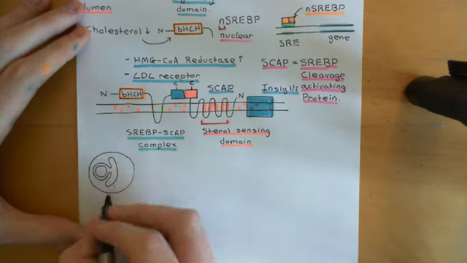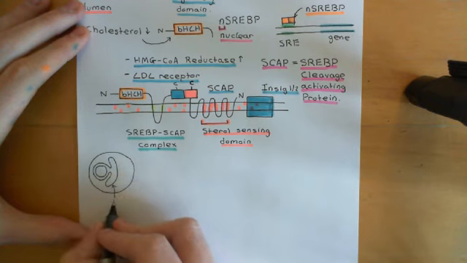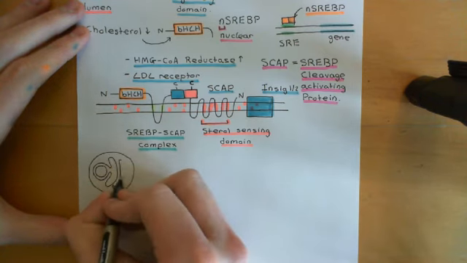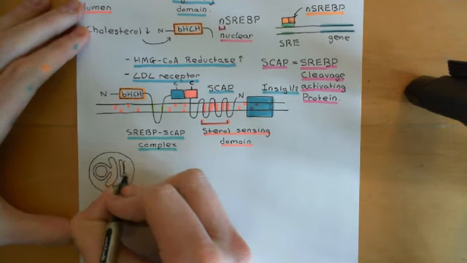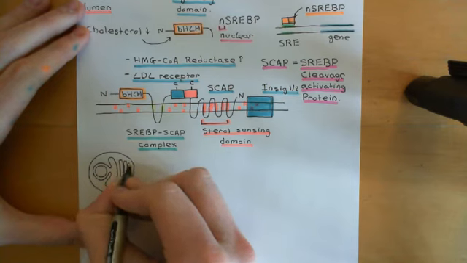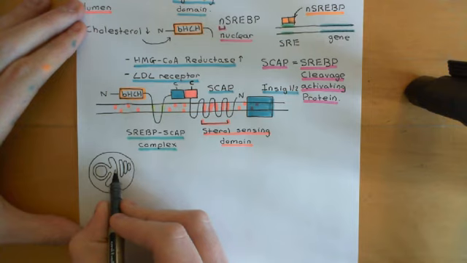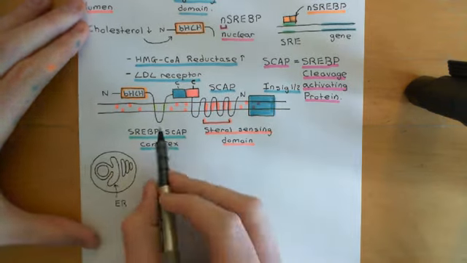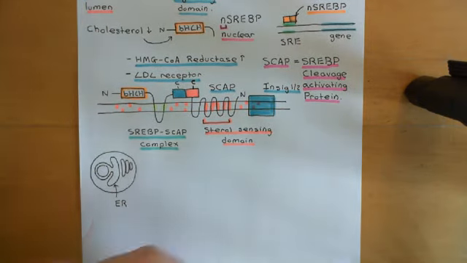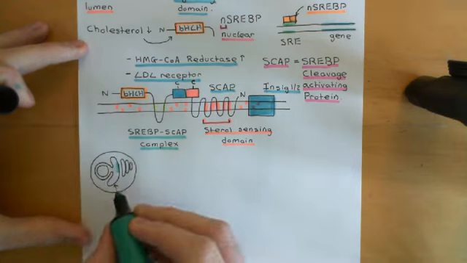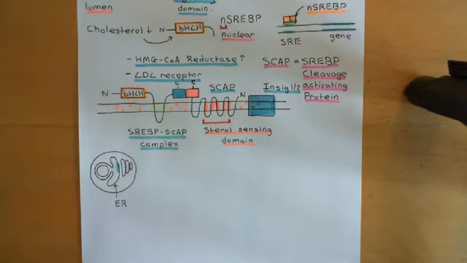Here is our endoplasmic reticulum, that's what I've drawn here, this is the ER. And then of course we'll have the Golgi apparatus, which is this stacked bunch of cisternae here. What we're now going to do is move this SREBP SCAP complex from being within the ER membrane to being within the Golgi membrane here.